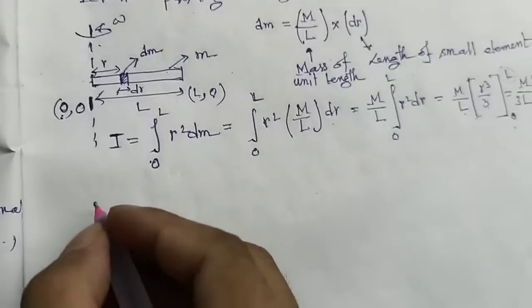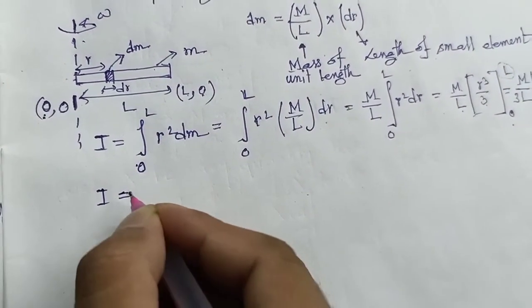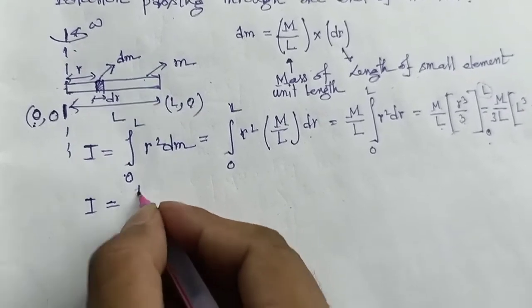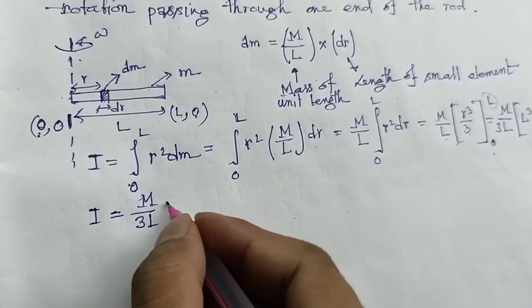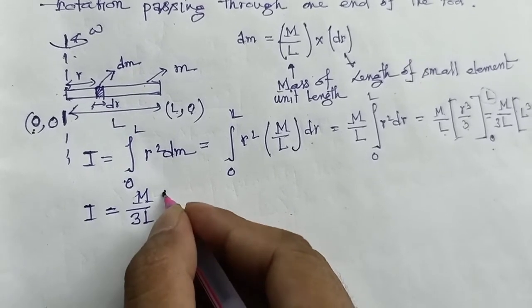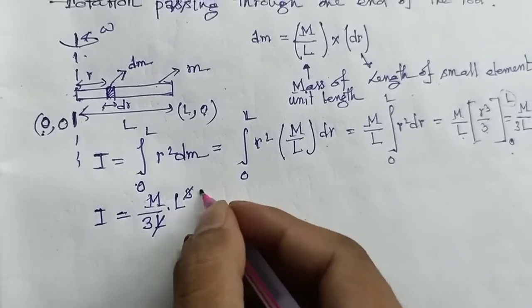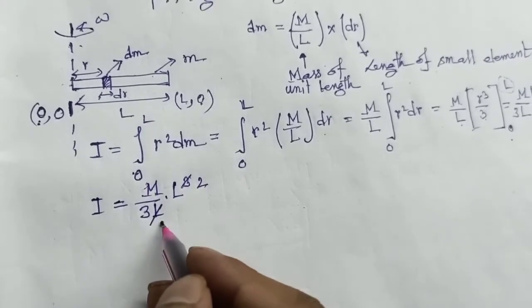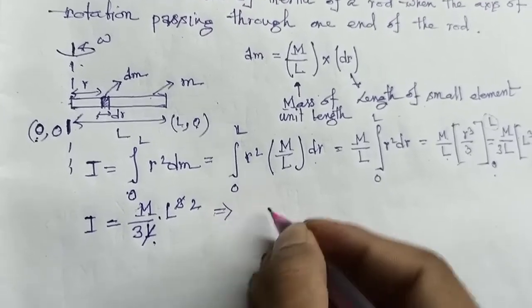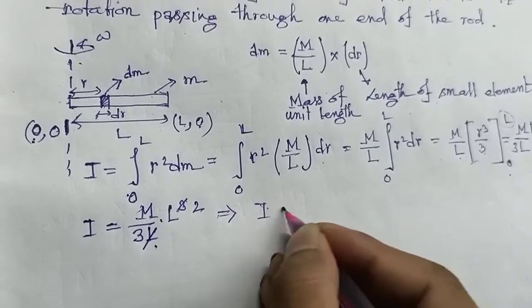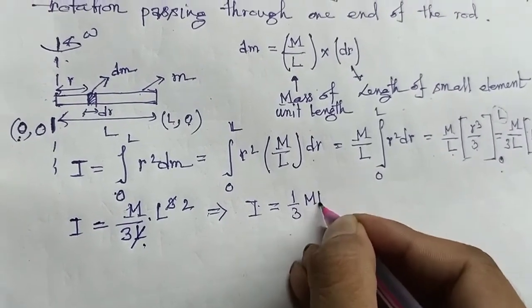So our moment of inertia of this type of rod becomes I equal to M divided by 3L into L cube. Now this L cancels the power.